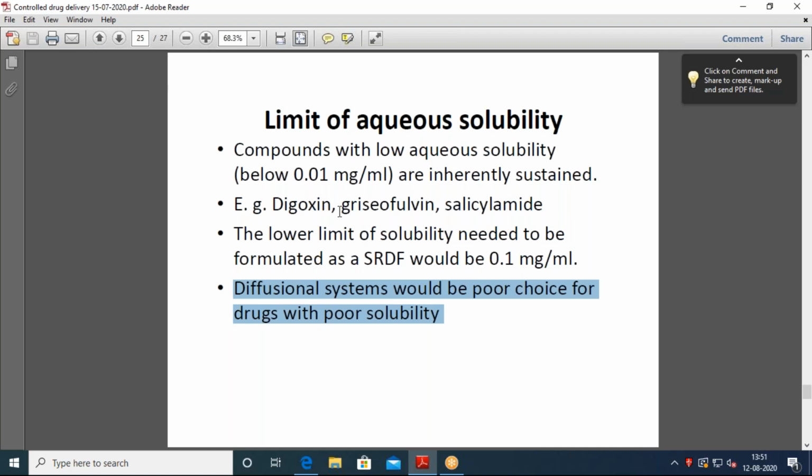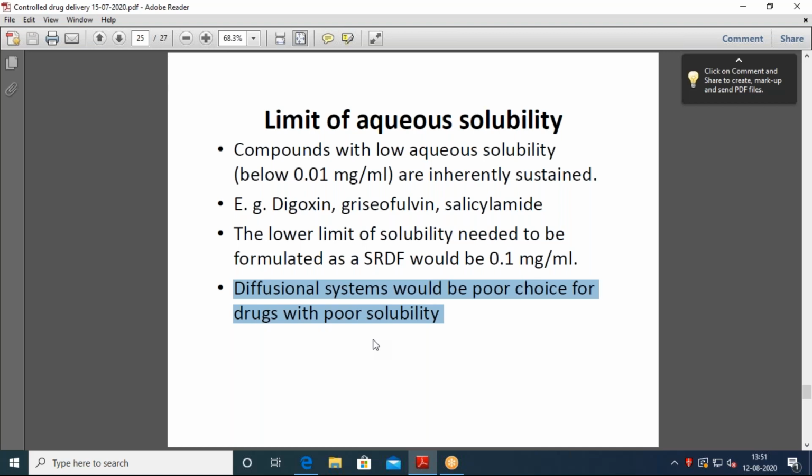Is it clear? So the rest will continue in the next class, if you don't mind. Please come prepared, because this is what I've started with: we classified controlled release drug delivery systems into those. You can even refer to the syllabus and see.